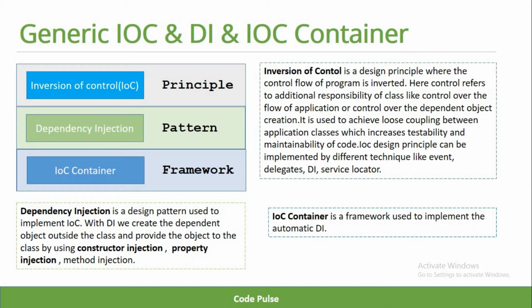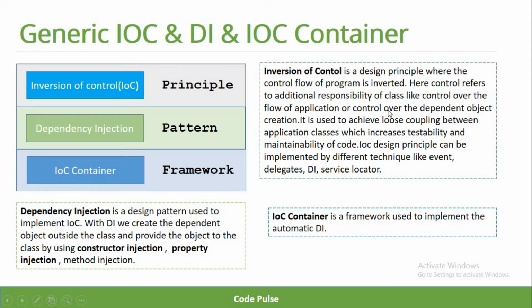That part is handled by the GUI framework. This means that extra responsibility of generating the event or communicating with the operating system is not written in the class which you have created. That will be handled by the GUI framework. That is the control over the flow of application.